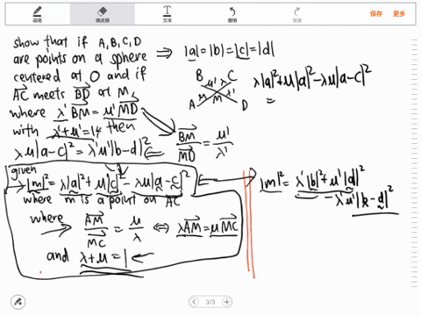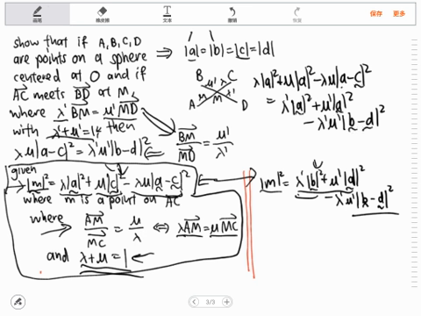There's nothing more for this question. I'm just going to rewrite it nicely. λ′|B|², I'm going to change it to |A|², since |B| and |A| are equal, plus μ′|A|² minus λ′μ′ |B − D|². All these need a tilde, because the tilde stands for vectors, differentiating them from scalars like λ and μ.